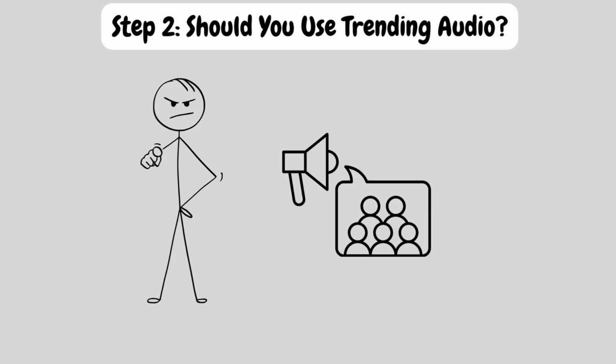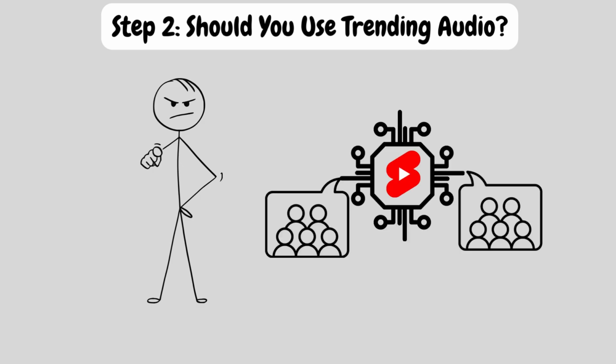Why? Because the audience cluster for that sound is different. The algorithm groups content based on viewer behavior patterns. So only use trending audio if it matches your niche, it fits your audience's vibe, or you are intentionally recreating a trend. Otherwise, skip it. Content and audience alignment will always beat trends.